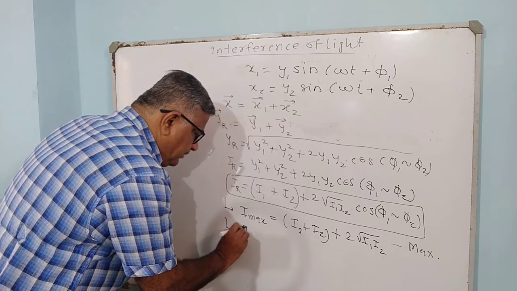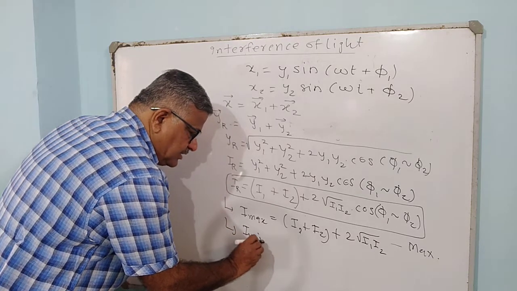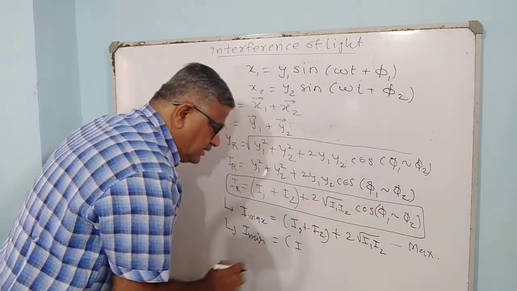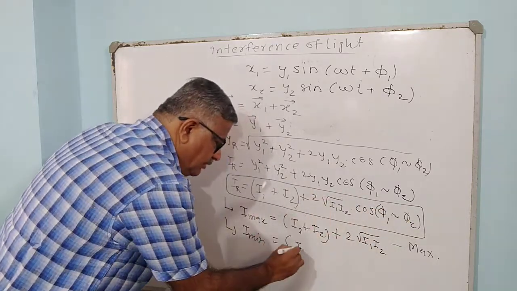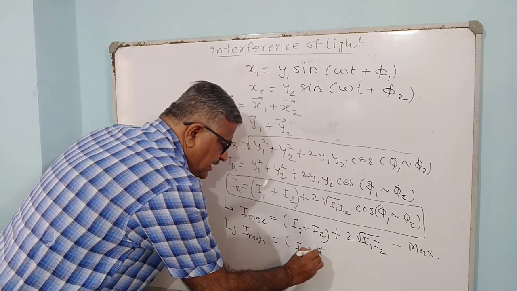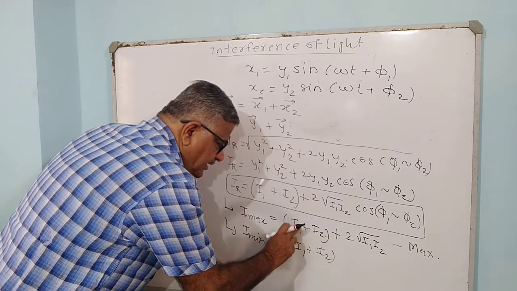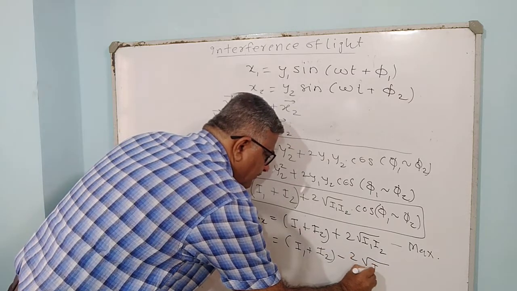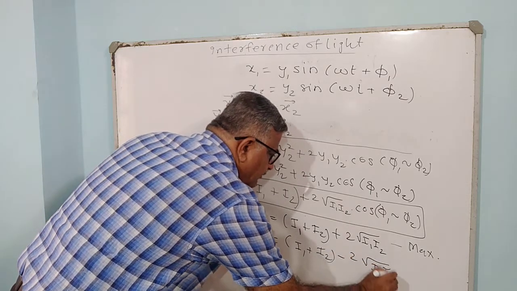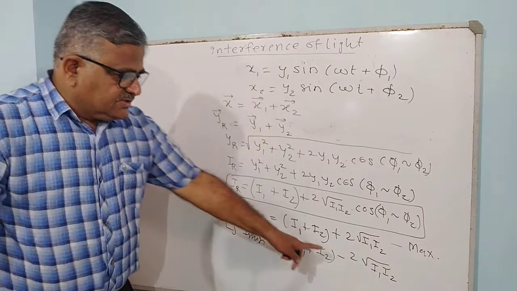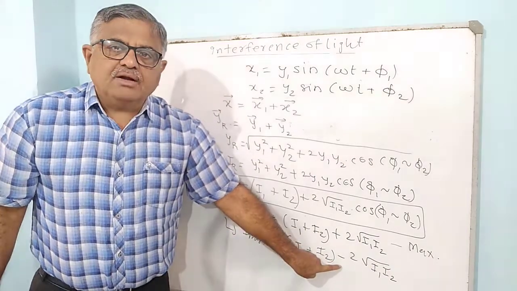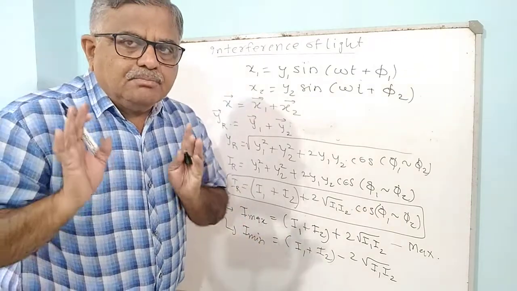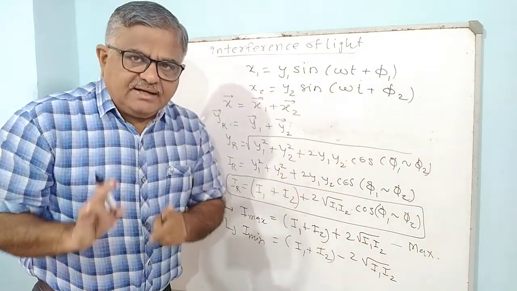Consequently, the minimum intensity at the same point of interference will also depend upon the value of cosine, that is, upon phi1 and phi2. That will be I1 plus I2, which is the expected intensity, and it is now to be subtracted with the same factor. Whatever factor is added for maximum intensity, the same factor is subtracted here for minimum intensity, and this should be there according to the principle of conservation of energy.